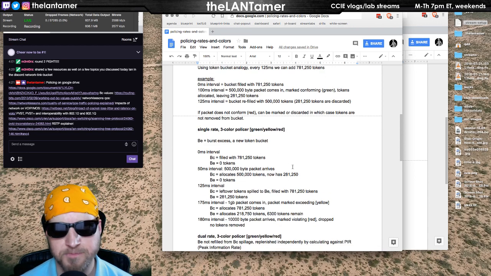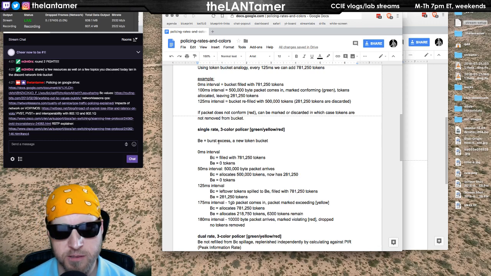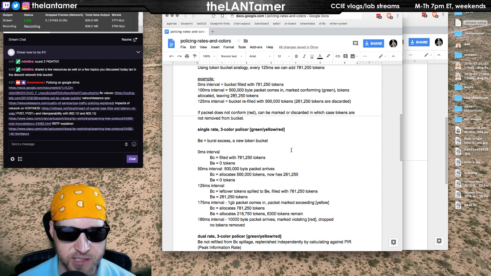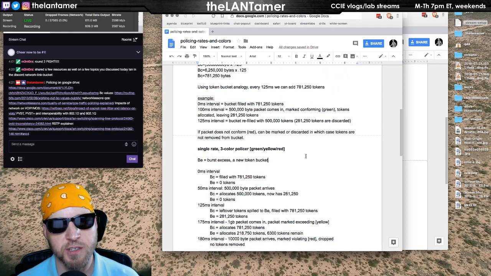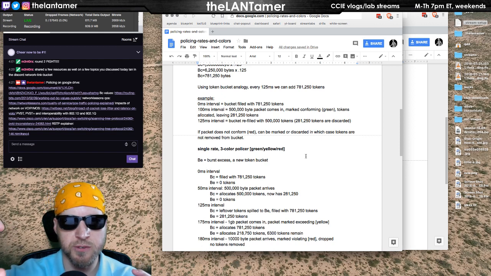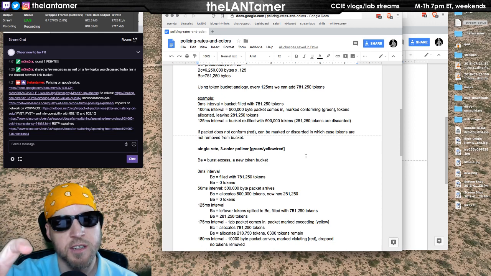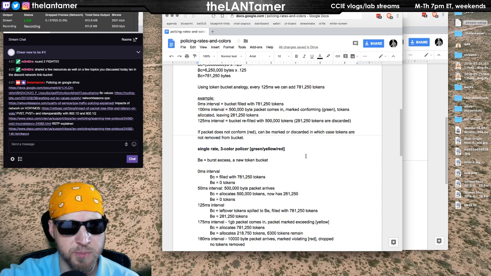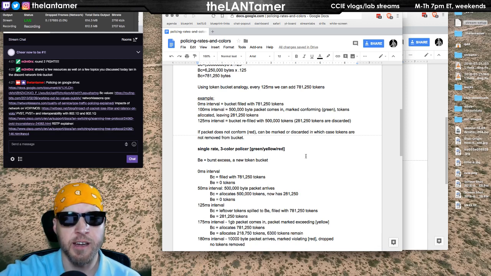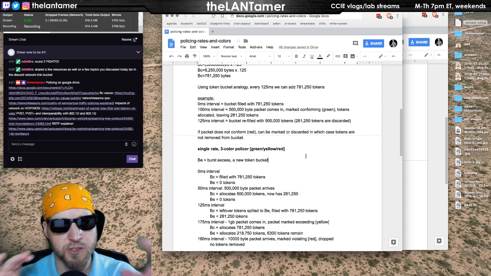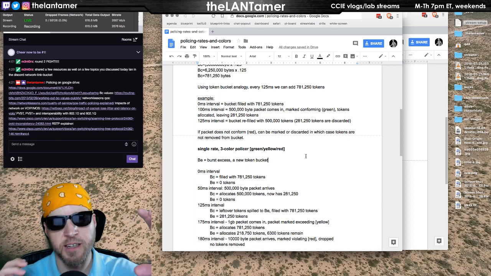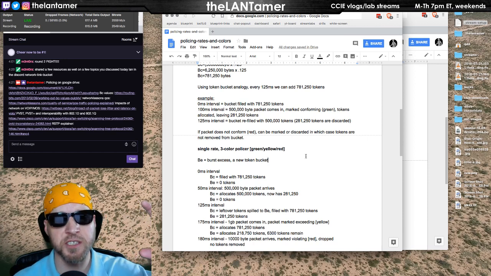What about three color? In three color, we add a new bucket called BE, or burst excess. Essentially what it does is it takes those tokens that are left over and spilled from BC, and those go into the BE token bucket. So you have two buckets. And now you sort of have those thresholds we talk about.